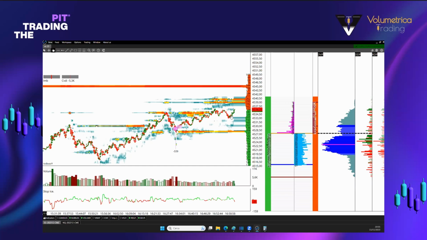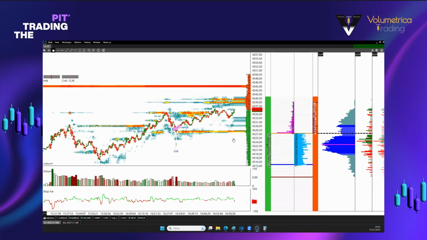And first of all, those aggressive buyers need to be dominant compared to aggressive sellers. But this gives us a first indication of where there is more interest to go.